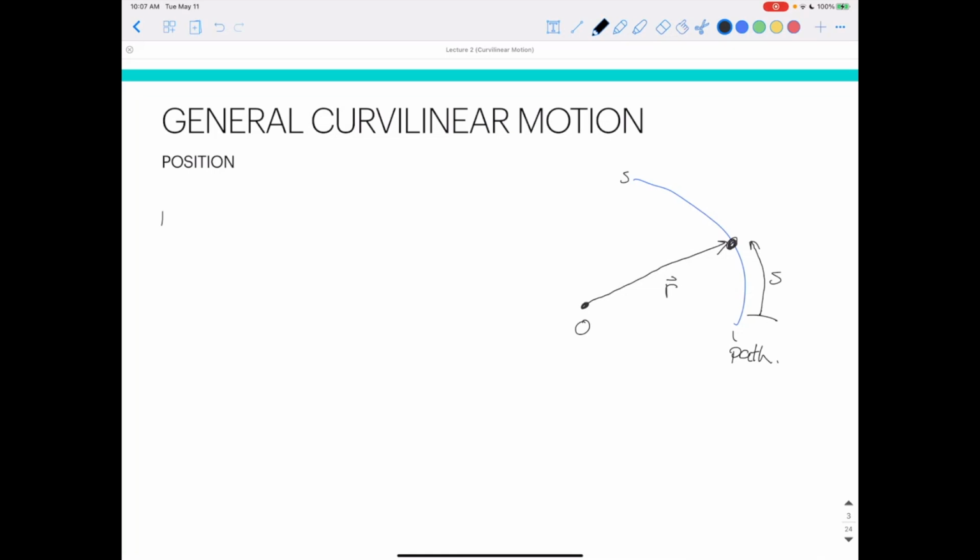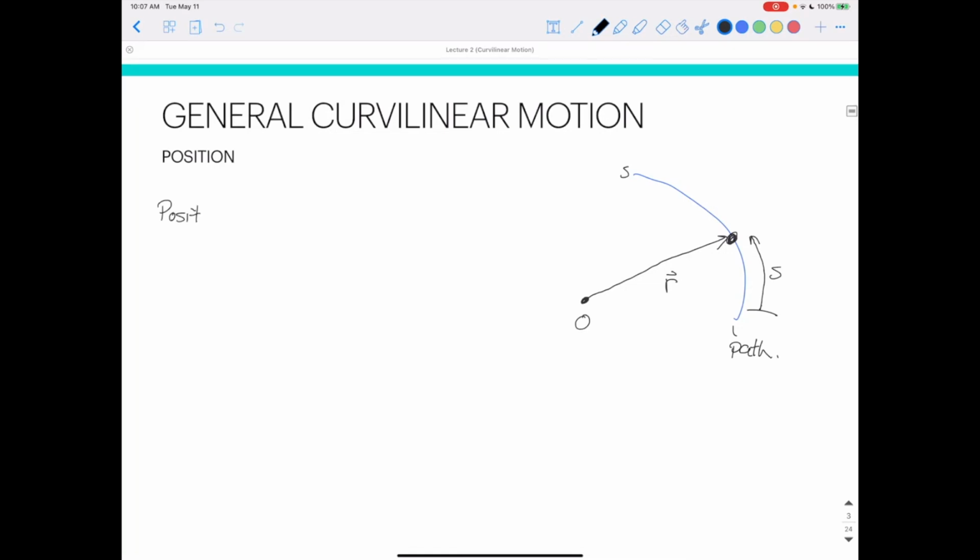So position we'll define as the position of a particle at any instant in time. We'll call our vector R. So position at any instant in time we'll call R, and that vector is also some function of time, and it has both a magnitude and a direction that will vary with time.